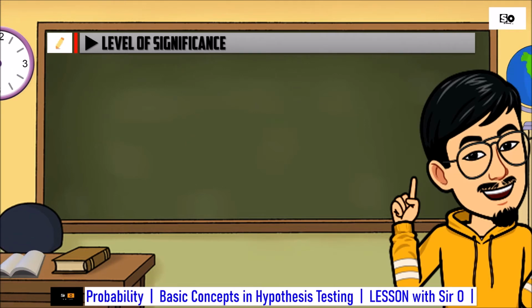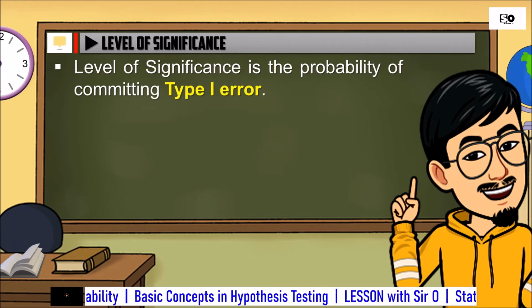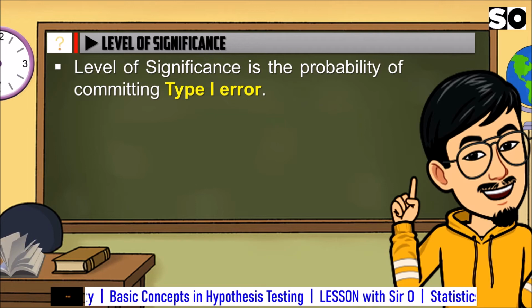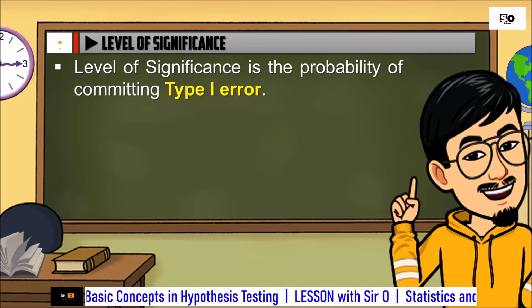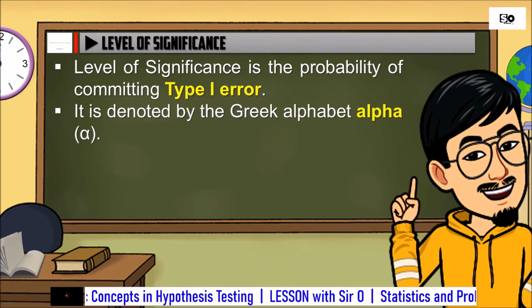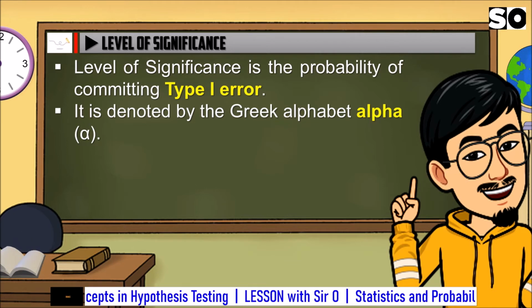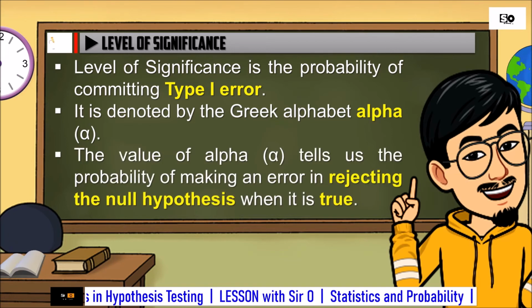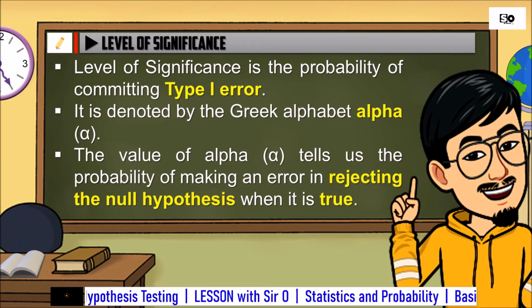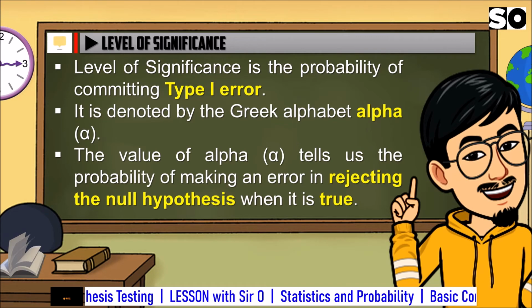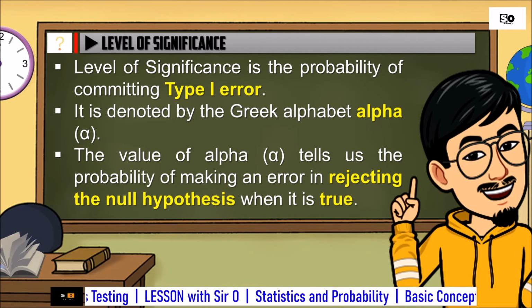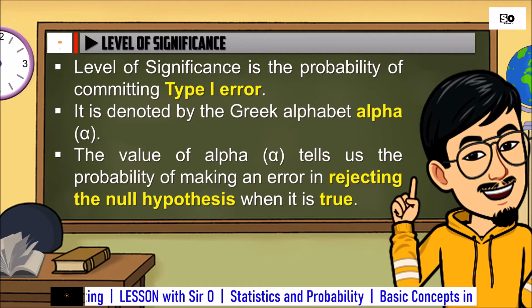Level of significance is the probability of committing type 1 error. It is denoted by the Greek alphabet alpha. The value of alpha tells us the probability of making an error in rejecting the null hypothesis when it is true.